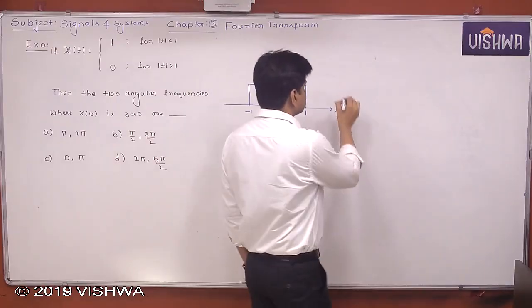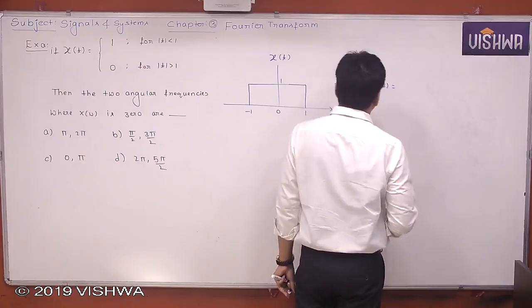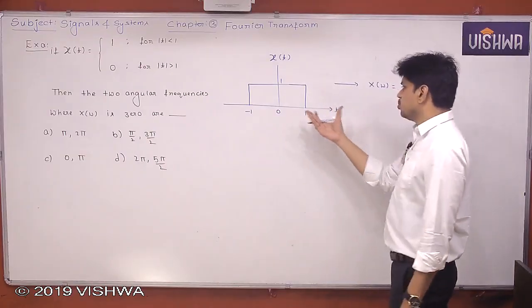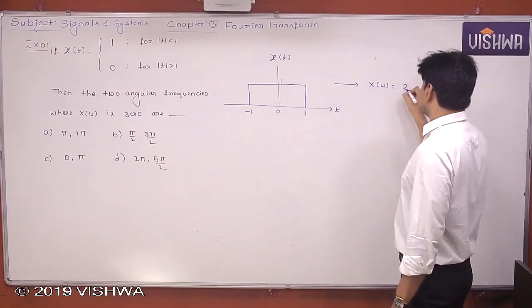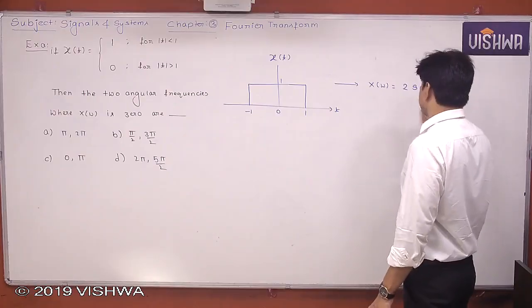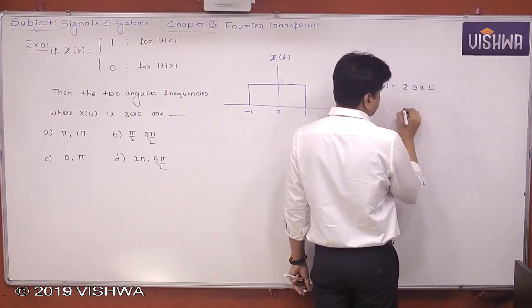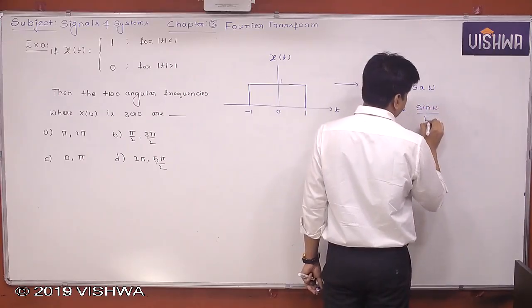So for this function, what is x of omega? X of omega is equal to, we know that it is area, 2 into 1, 2 sampling, width by 2 omega. So finally I can write this as 2 sine omega by omega.